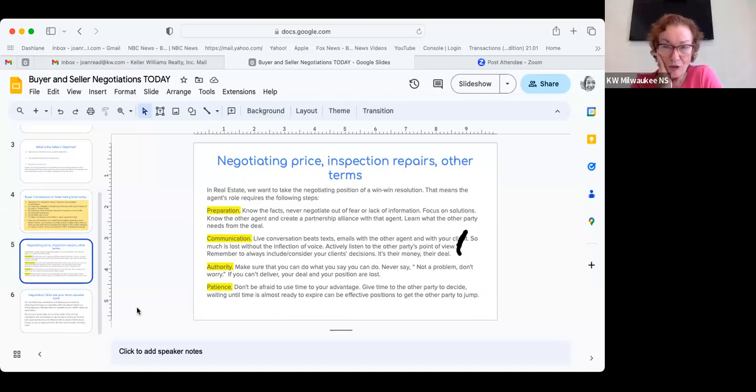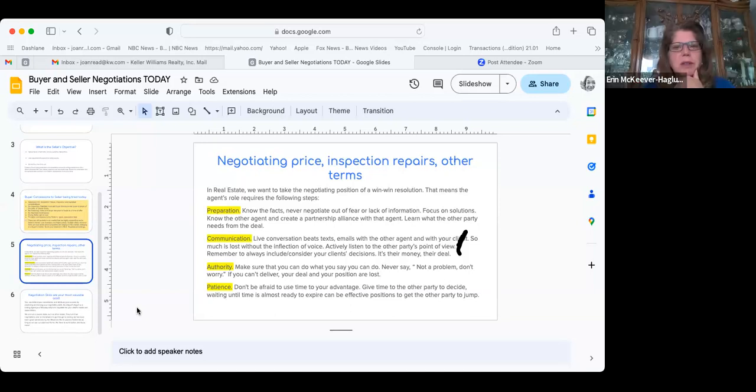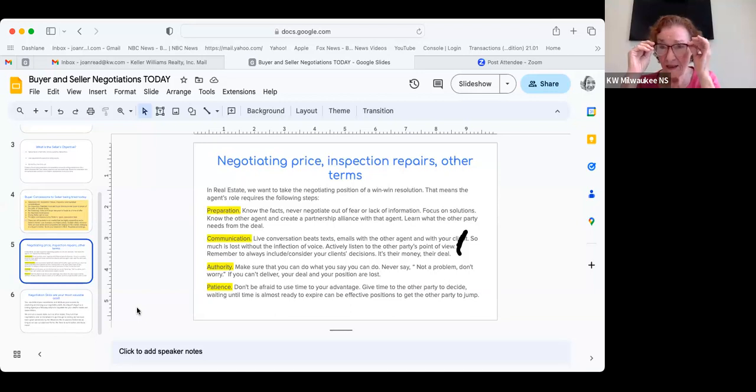Make sure that you know your client. Make sure that you know the other agent. Always stay in a partnership with the other agent. I've heard sometimes agents go, oh, that listing broker, she's a real jerk and she won't do that. And she shares this with her client, the buyer. So now the buyer's upset with the listing agent and the seller.